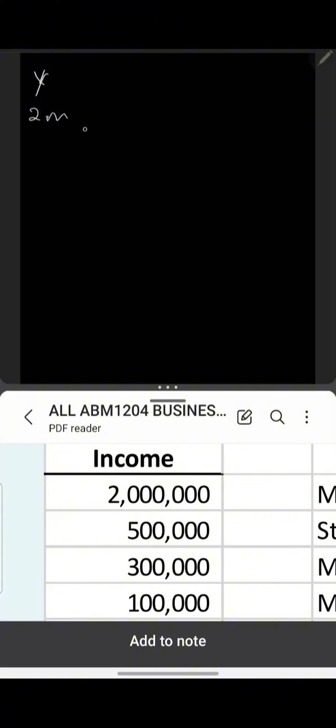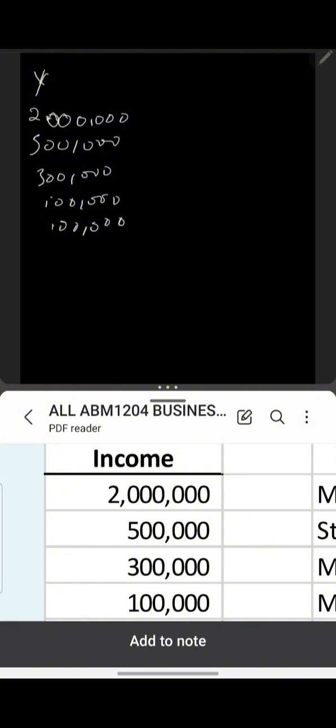Then x minus the mean. Our mean is 600,000.